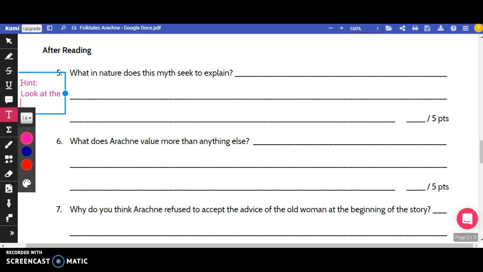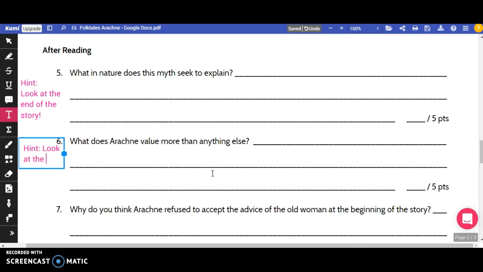Look at the end of the story. 6. What does Arachne value more than anything else? So here's a hint for you. Look at the beginning.